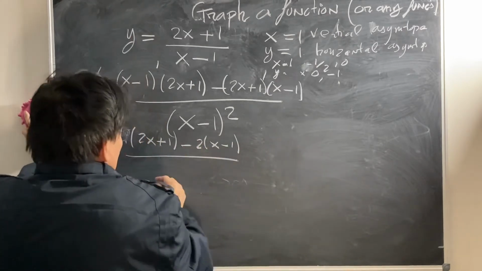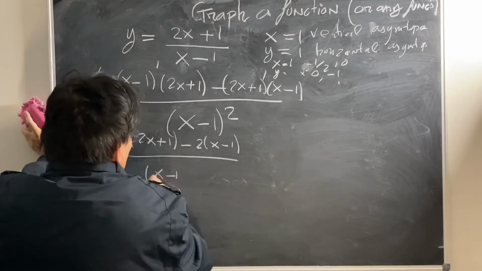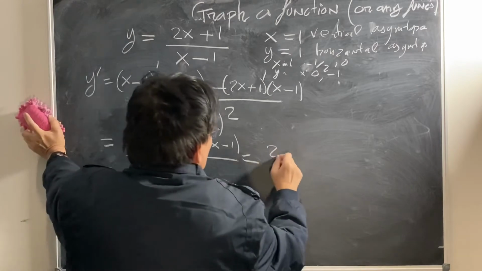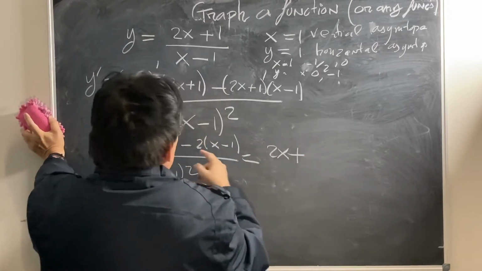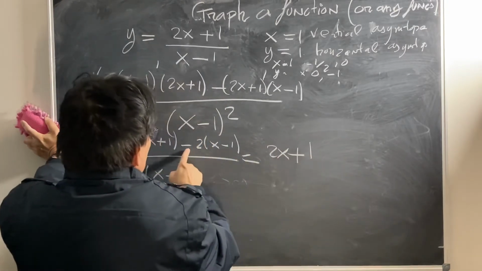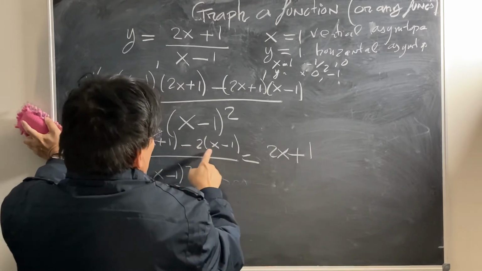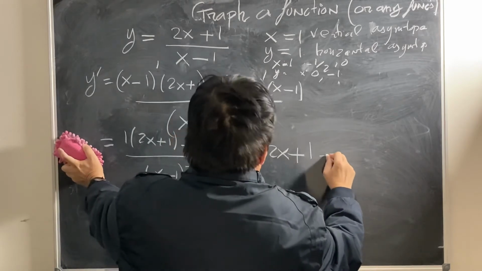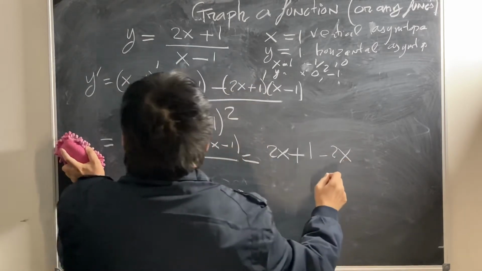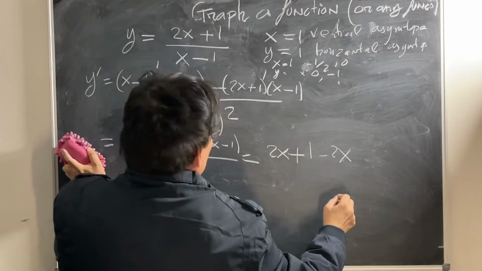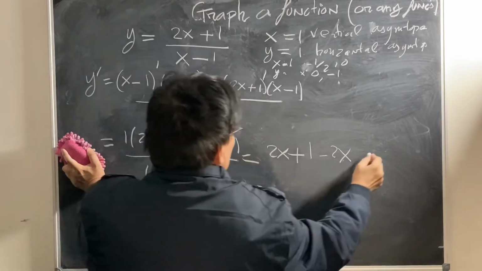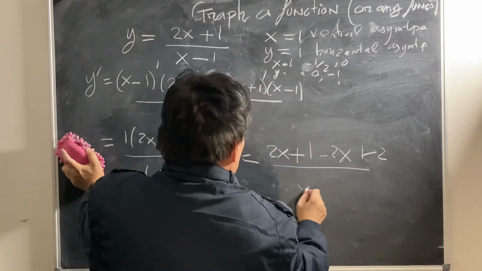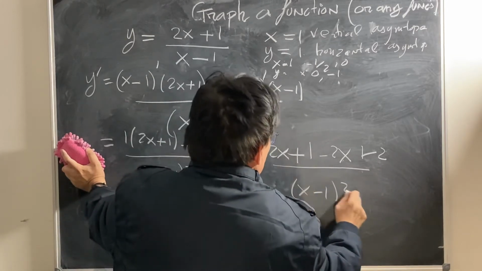The bottom is (x minus 1) squared. Multiplying out and simplifying, we get 2x plus 1 minus 2x plus 2 over (x minus 1) squared.